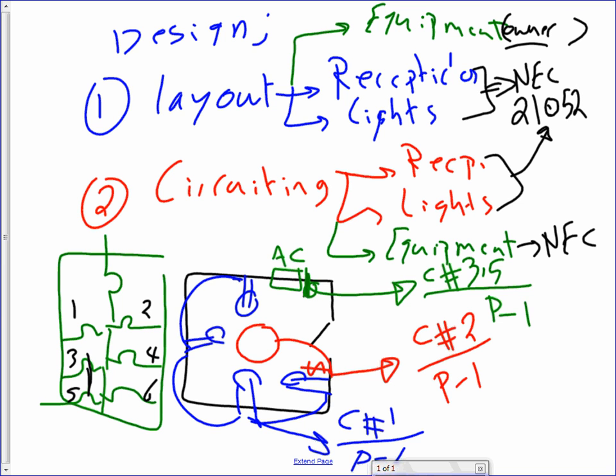Otherwise, in a house, they might as well give it to an electrician to lay it out. You think electricians don't know how to lay out? They'll lay it out. They might not know how to do the CAD part of it. Any comments, any questions about laying out receptacles and lights? I will PDF this one and put it on the network for you.